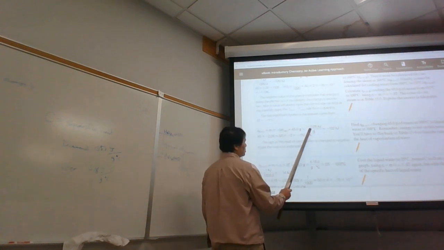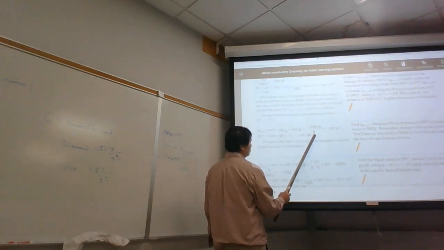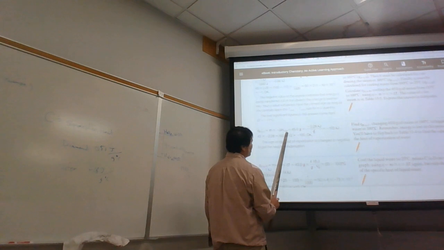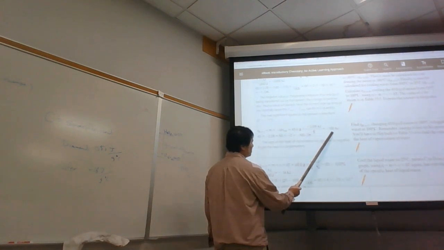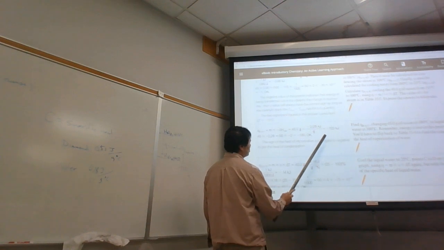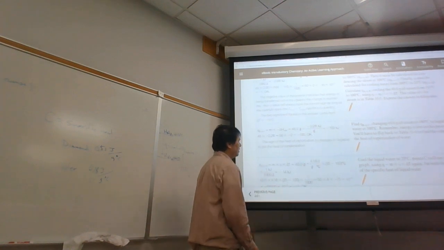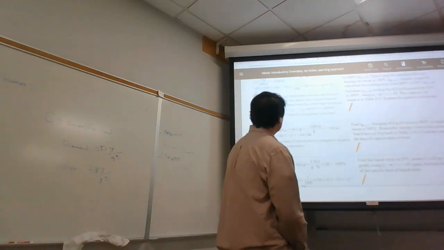So delta H of vaporization is plus 2.26 kilojoules per gram. Delta H of condensation is minus 2.26 kilojoules per gram. And so that's going to give us minus 102 kilojoules, which is the amount of energy required.